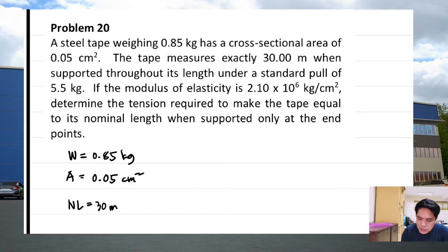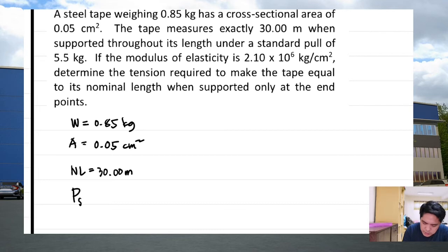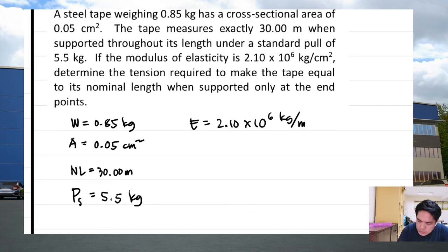So, precise pa siya in four significant figures. Precise up to centimeters. That's 30 meters. Or para precise talaga tayo, that's 30.00 meters when supported throughout its length. Then, meron siyang standard pull, so that's P sub S, which is 5.5 kilogram. And modulus of elasticity, dito na lang, which is 2.10 times 10 raised to 6 kilogram per square centimeter.